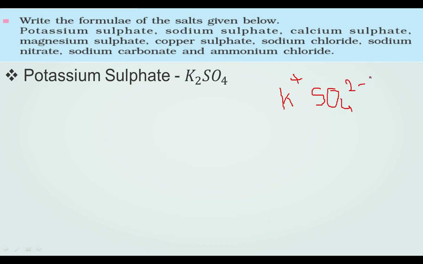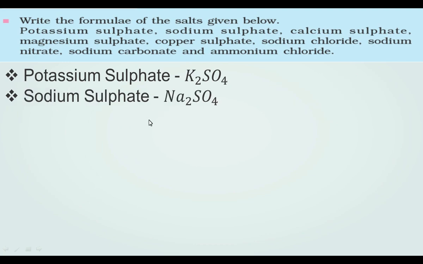So here SO4 has a 2- charge, so we need a 2+ charge, but K has only a + charge, so we add one more potassium atom, then it will be 2+ and it will be balanced. So the chemical formula of potassium sulfate is K2SO4. Like this you can work out and write the chemical formula of any compound. If you want more such tips and tricks, then comment in the comment box.